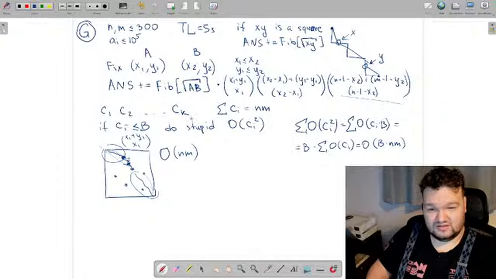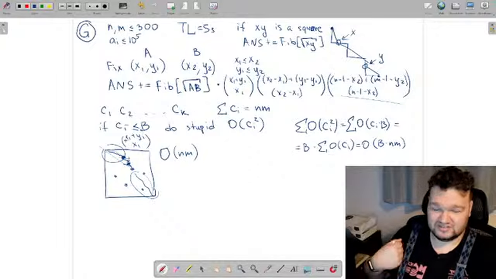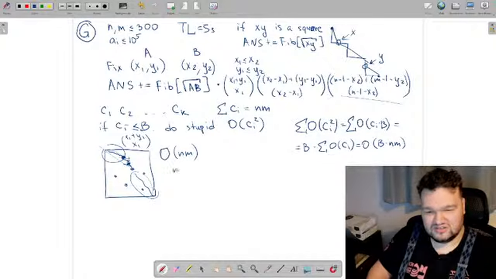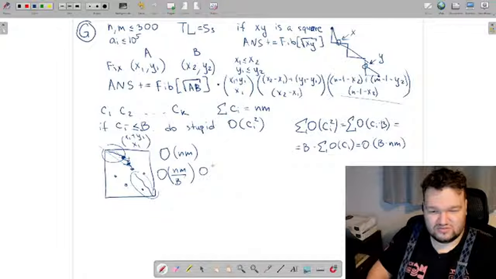And if we do it only for the colors that we have a lot of, that are greater than b, it means that we have no more than nm divided by b such colors. So no more than this number of times we do DP in nm.